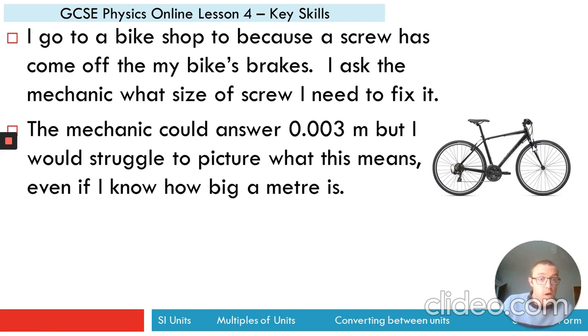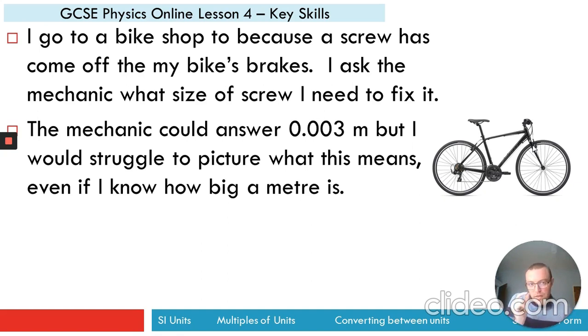Now that might be correct, but I'm going to struggle to picture in my head how big that screw is, okay? Because 0.003, or you could also say it's 3,000th of a meter, is difficult for me to understand or to picture in my head. I've got a good idea about how big a meter is, yeah?